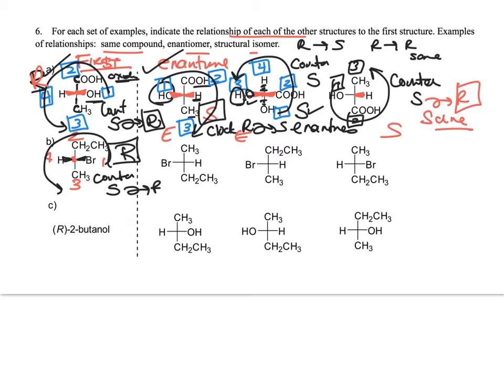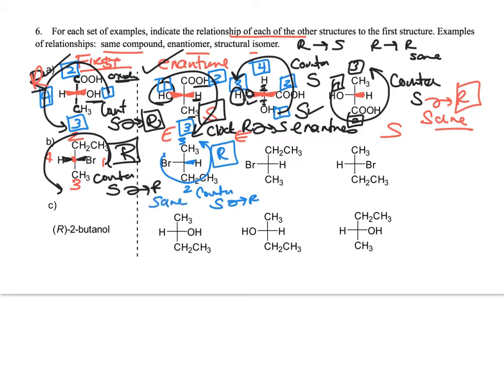So then when we look at this one here, bromine's 1, ethyl's 2, methyl's 3, 1, 2, 3. This is counterclockwise, so that's S, and the hydrogen is coming at you, so S goes to R. So these are the same.